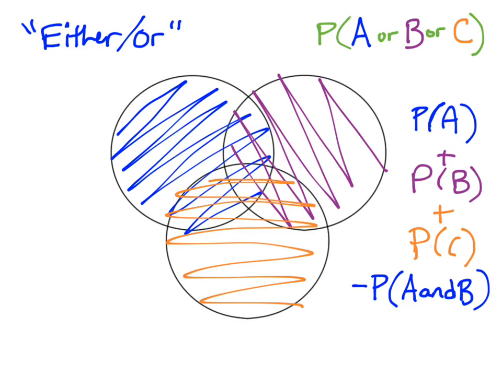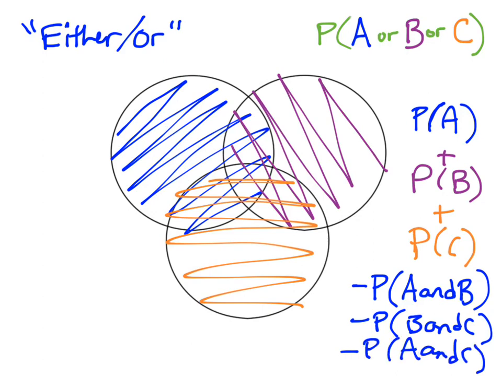Okay, and then I will also subtract the probability of B and C, right? And that's going to get rid of some coloring between purple and orange. Okay, and then I want to subtract the probability of A and C. Right, and then that would erase the coloring here.